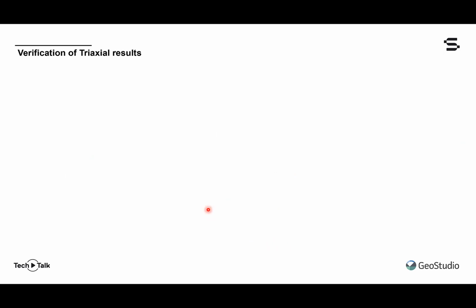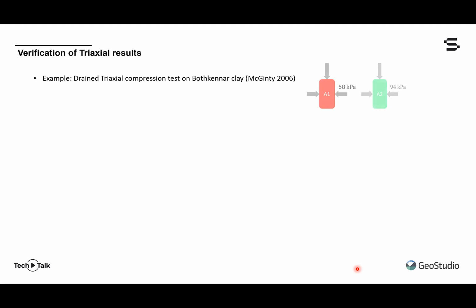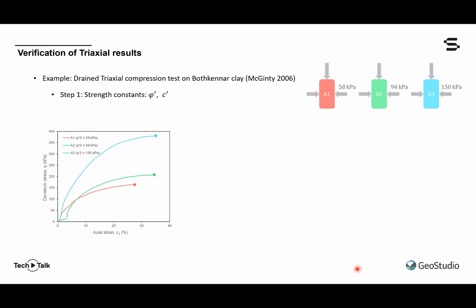So now, as an application of the step-by-step parameterization procedure, let us consider 3 triaxial compression tests on a clay that was conducted by McGinty in 2006. You can see here that we have 3 confining pressures, 58, 94, and 150 kilopascals. The effective friction angle and the cohesion of the soil are calculated on the first step of our parameterization procedure.